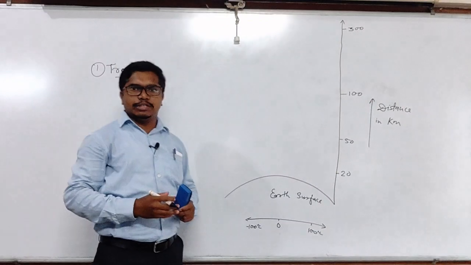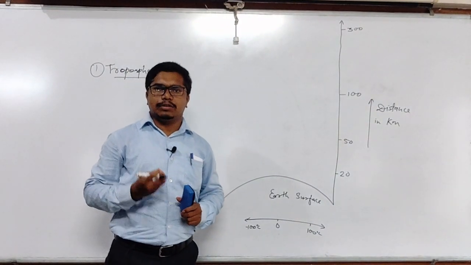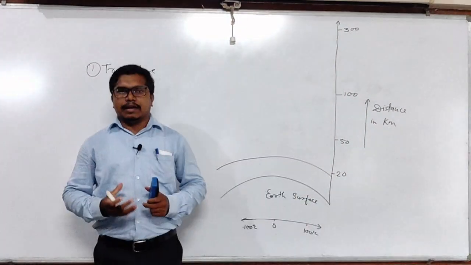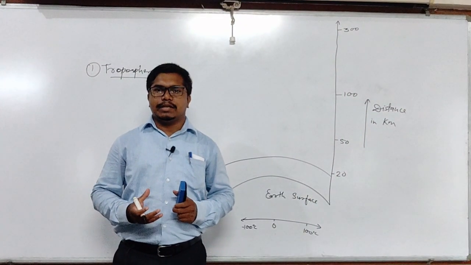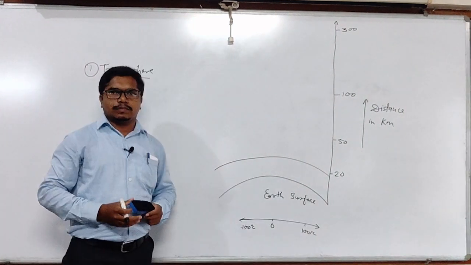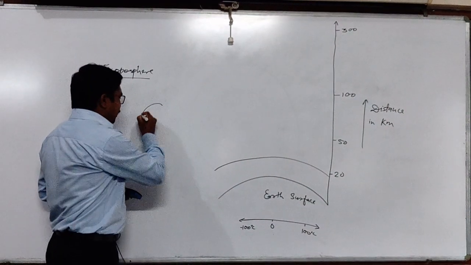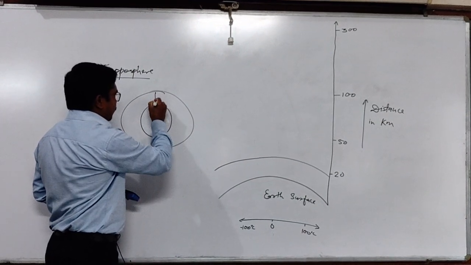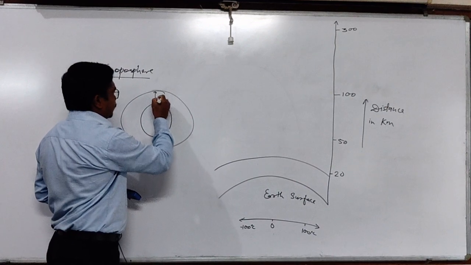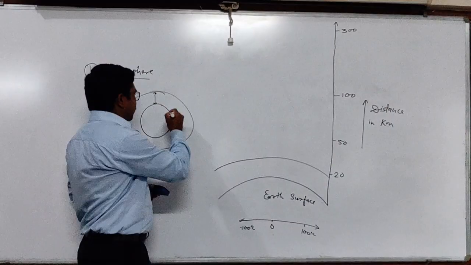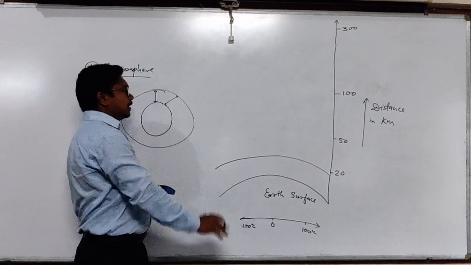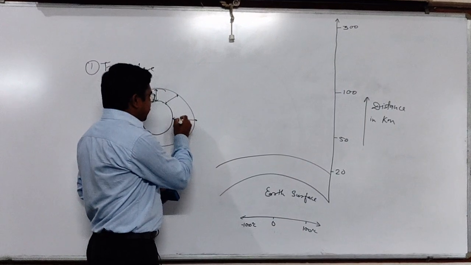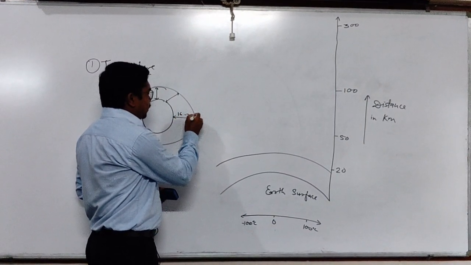It is a zone which is present up to 20 km from the surface of earth, and this distance varies from area to area on the earth. For example, it is 8 to 10 km at the pole, while it is 12 to 14 km at the temperate region, while at the equator it is 16 to 20 km.